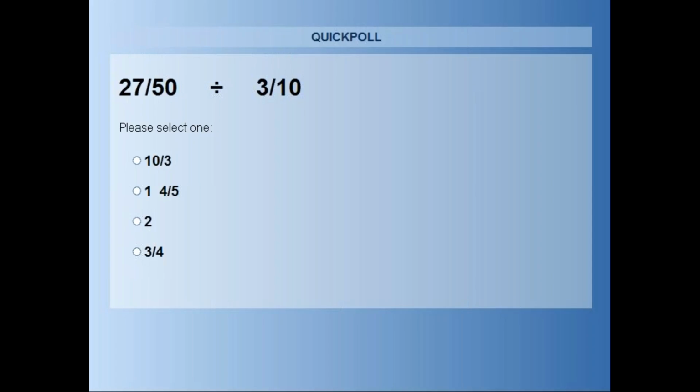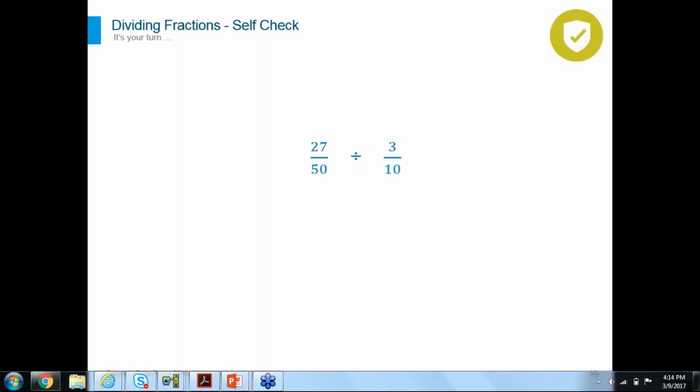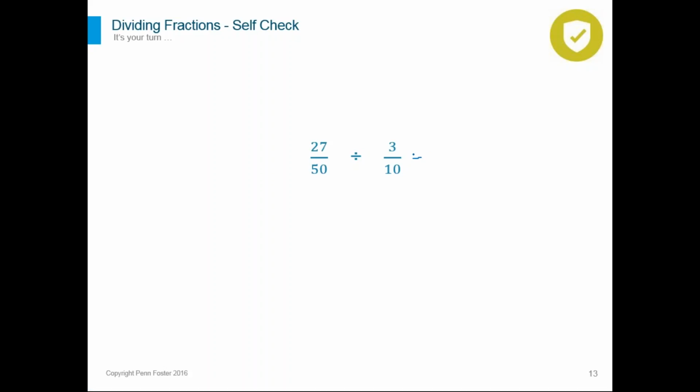Okay, let me share my final answer. And of course, I have to repeat that. If you need me to work out the problem, let me know. 1 and 4 over 5 is the quotient for that division problem.